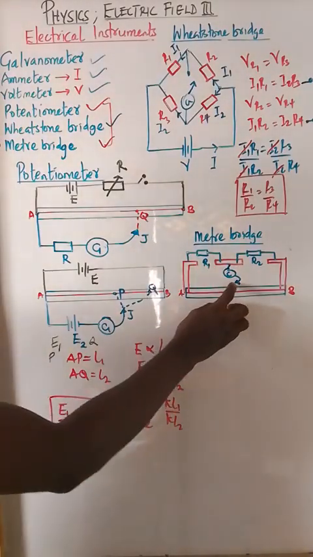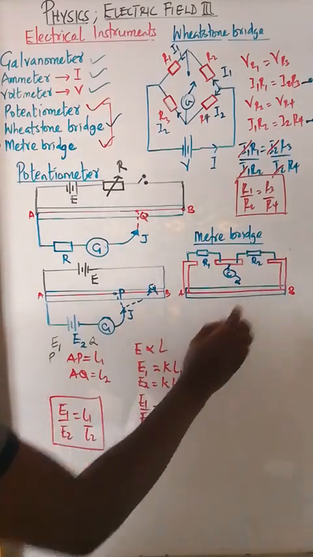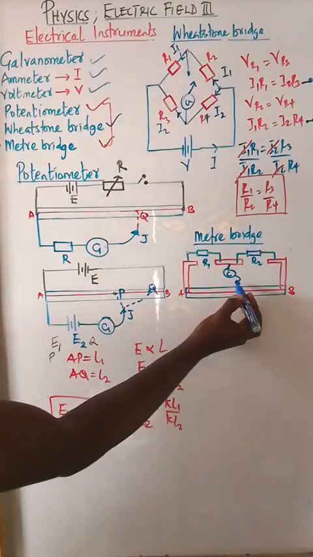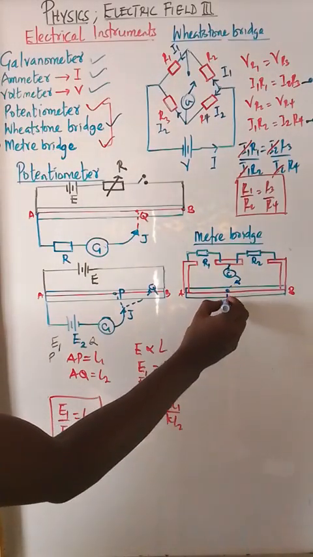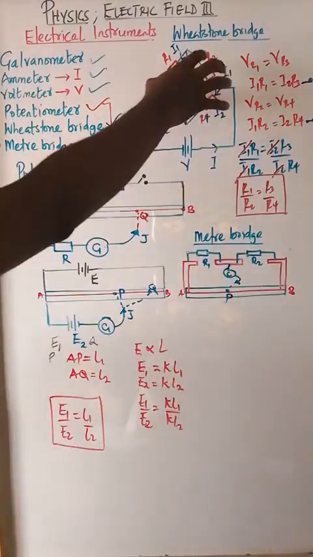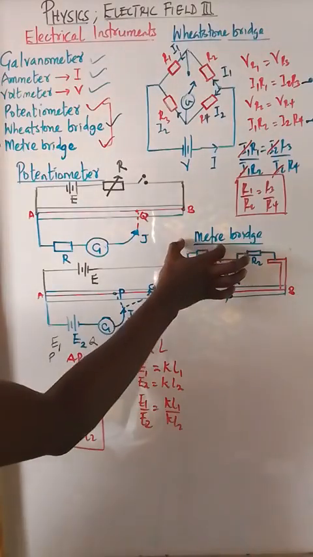So this galvanometer is going to be tapped on this metal randomly until it shows no deflection. So suppose we tap it at this point P and it shows no deflection, so this arrangement becomes this arrangement also. How? So this is our R1.